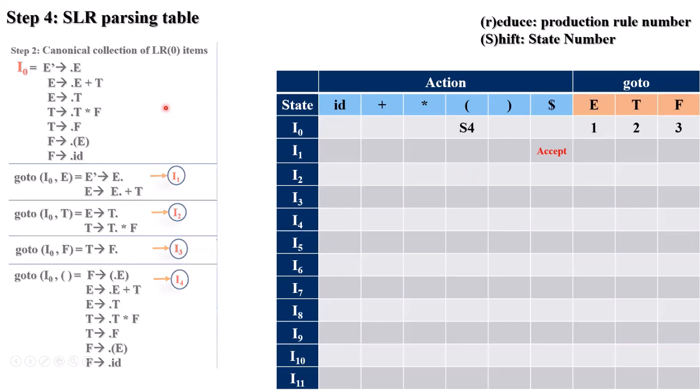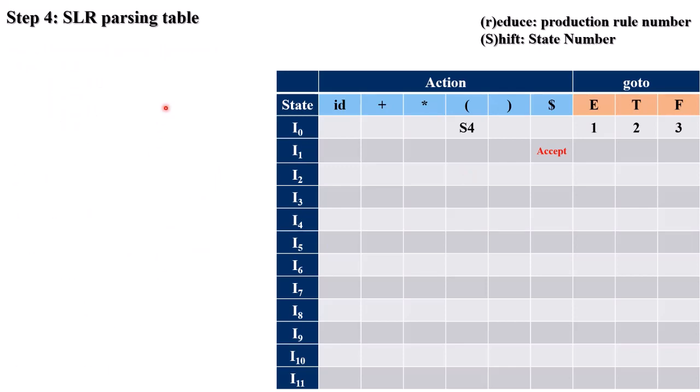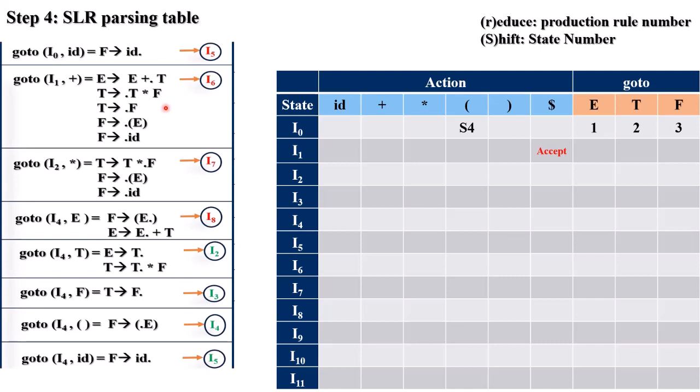Okay, next. Go to I0 of ID. I0 ID, what we get? I5. So we have to write here S5. This S means shift. You can understand well when we are parsing any one of the input strings, then you can understand what is S5, what is S4, what is 1, 2 and 3.